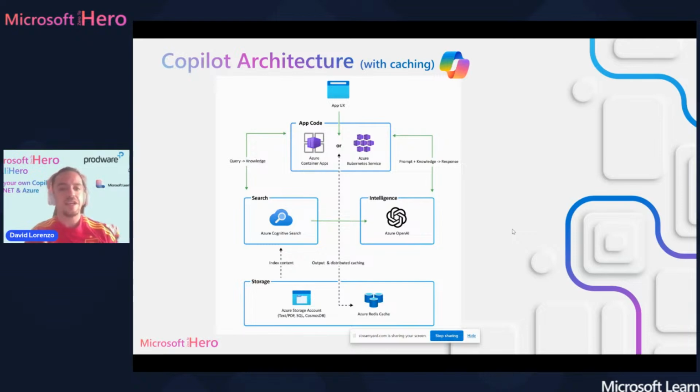So every time you ask a question, you have to go through this whole process. The UX receives the question from the user, then it gets to the API, and first you need to query the vector database, in this case Azure AI Search, to get the most relevant documents.